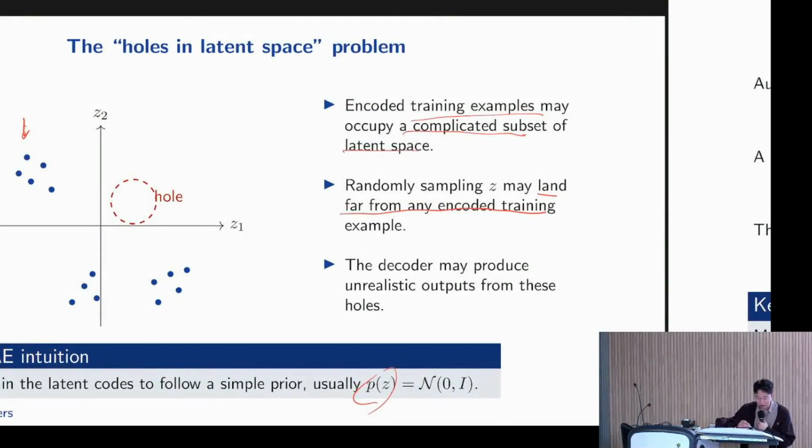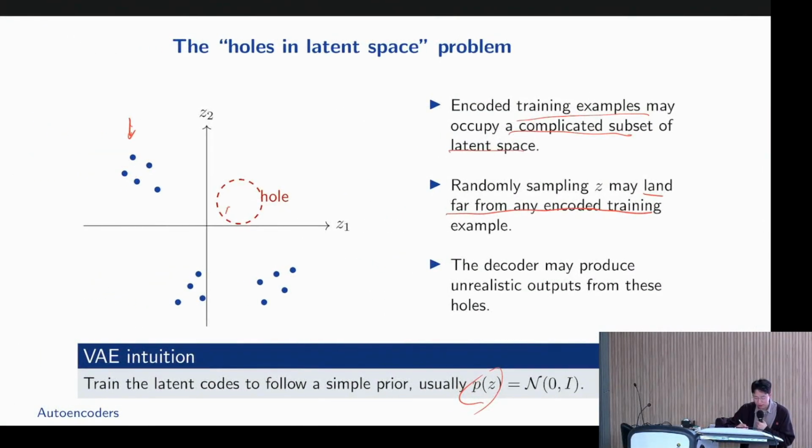We could end up sampling from here, and pretty much nothing was generated here during the training process. So the generation quality might not be so good.